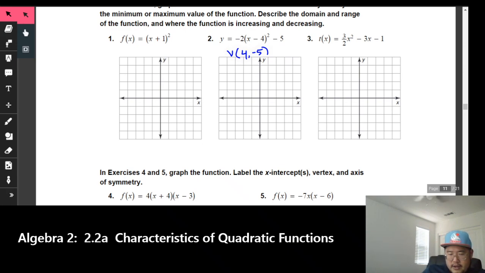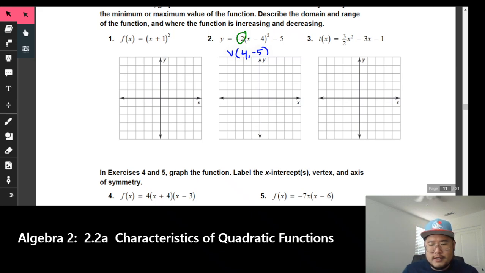Looking at our value of a right here, more specifically the 2 should tell us that we have ourselves a vertical stretch. The negative in front of the 2 should tell us we have an x-axis reflection. So it is going downwards. So let's go ahead.